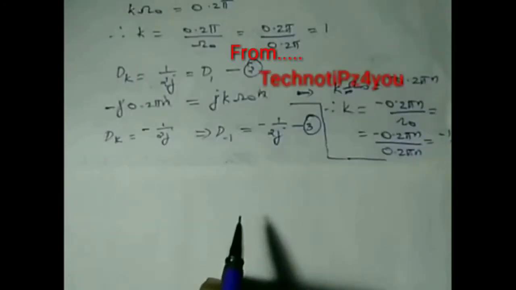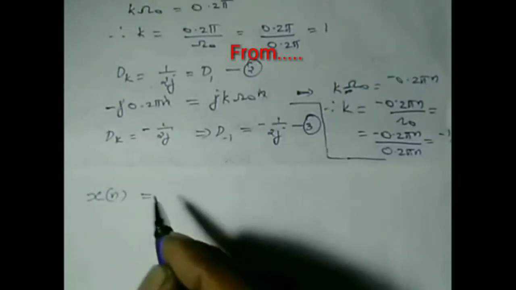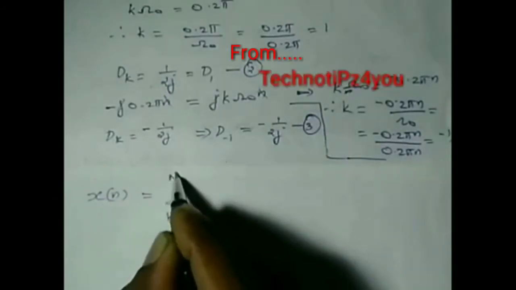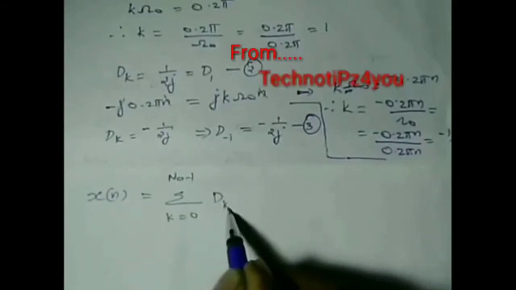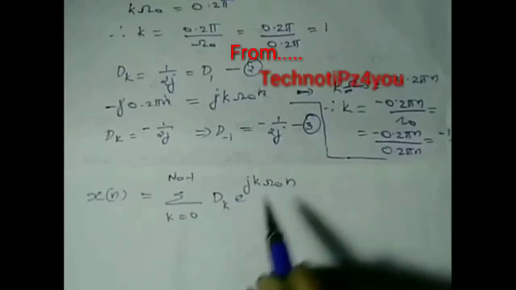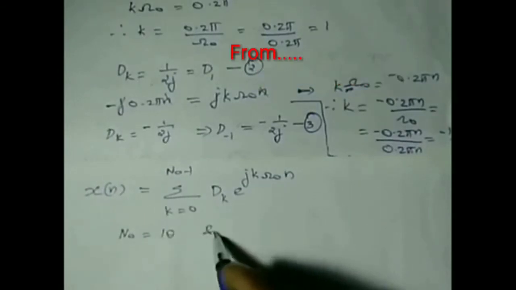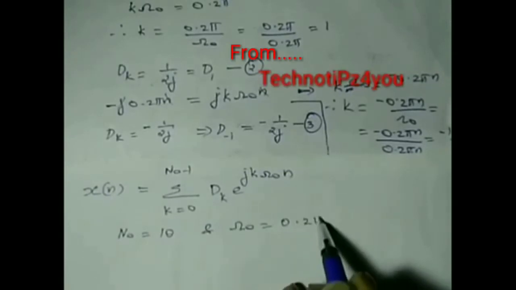Now I am going to rewrite the equation for the discrete Fourier series. x of n is equal to sigma k equal to 0 to n0 minus 1, dk e raised to j k omega 0 n, where we obtained that n0 is equal to 10 and omega 0 is equal to 0.2 pi.